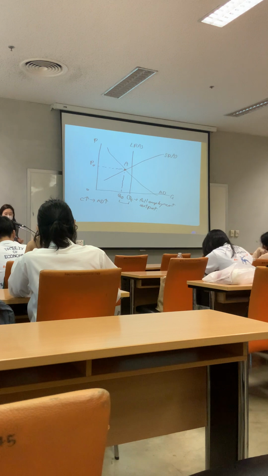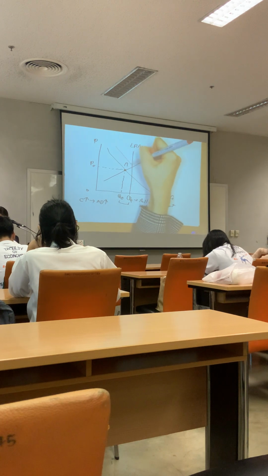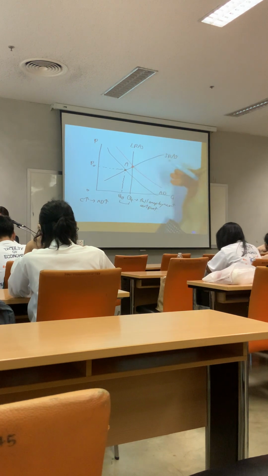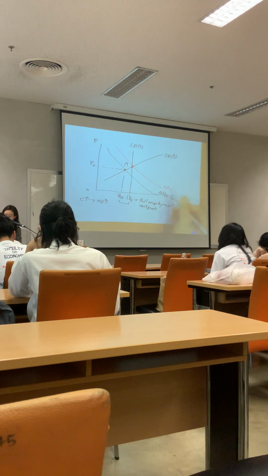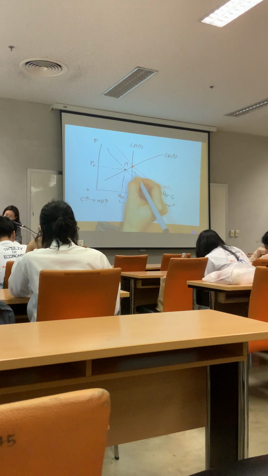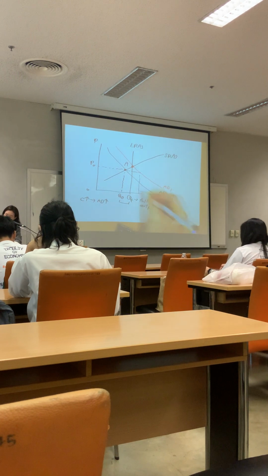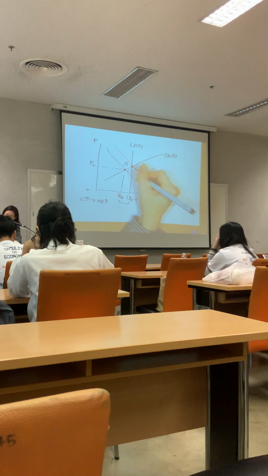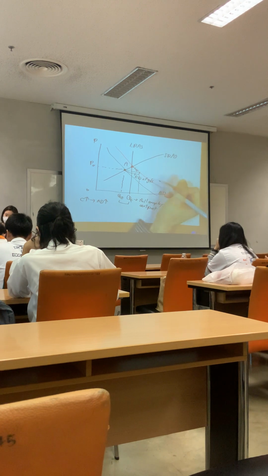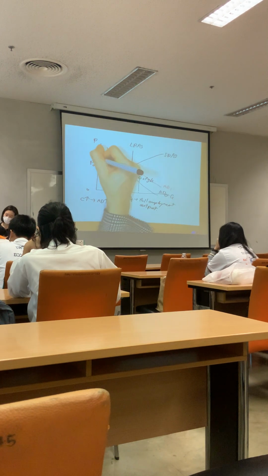So what happened here is that AD will shift rightward from AD0 to AD1. Before, at P0, AD shifts here, supply is here, so we have excess demand of goods and services, and then the price increases to P1.